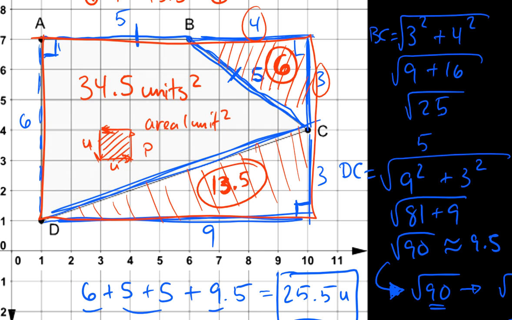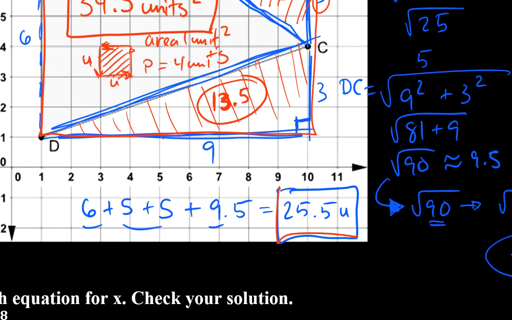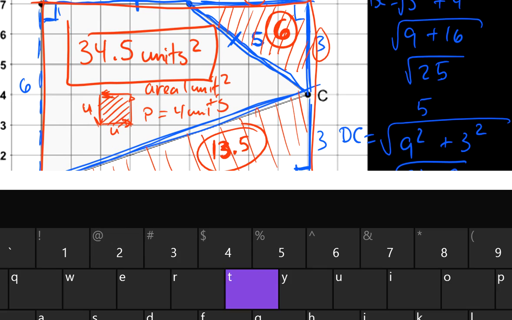And the perimeter P is equal to 4 units: 1 unit plus 1 unit plus 1 unit plus 1 unit. So same thing's going on here. The area is 34.5 square units, and the perimeter is 25.5 units. Sorry, I made a mess of this problem.